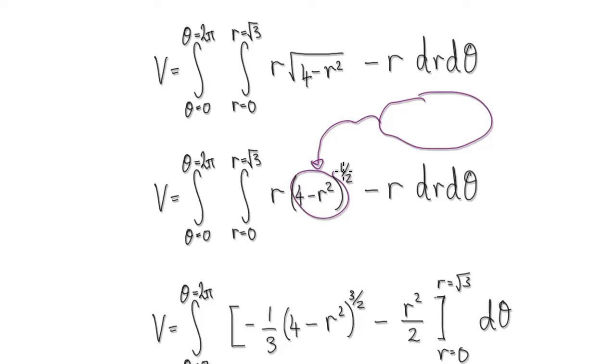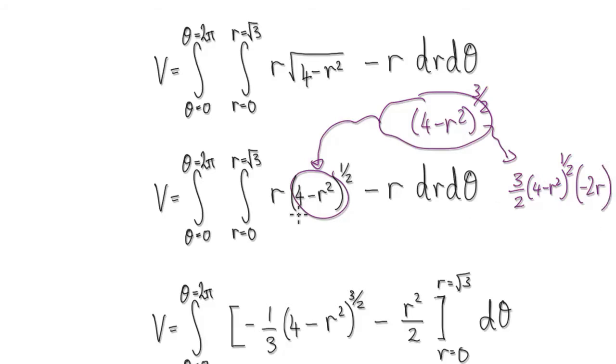I'm going to make my initial guess 4 minus r squared, and then one notch higher, that would be to the power 3 over 2. When I differentiate this, it would be 3 over 2, the bubble stays the same, the power gets reduced by 1, and then I've got to times the derivative of the bubble itself, which would be negative 2r.